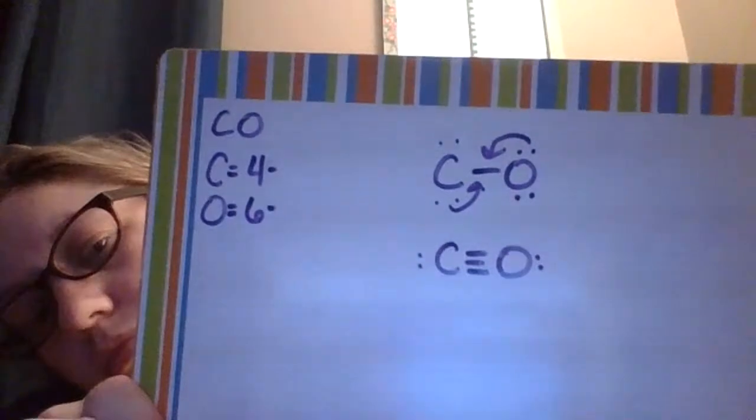So what this becomes is C triple bond to O, with both of them retaining lone pairs. So that gives us 5 electrons on carbon and 5 electrons on oxygen.